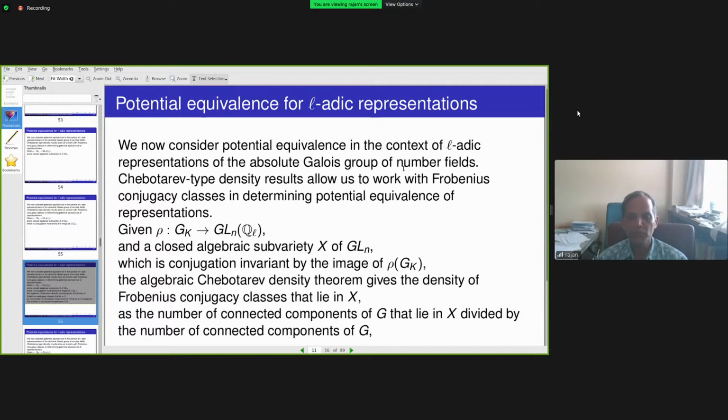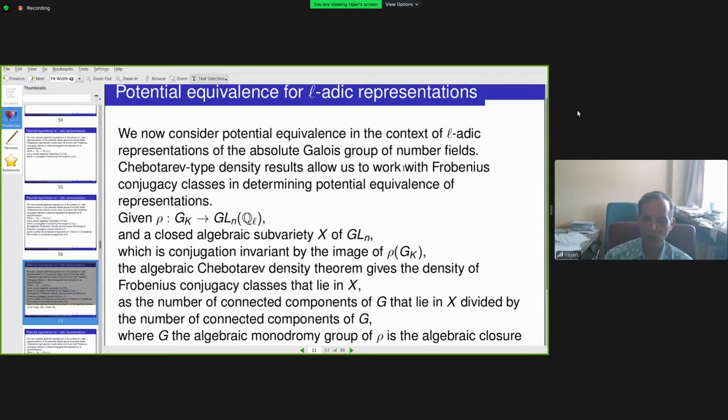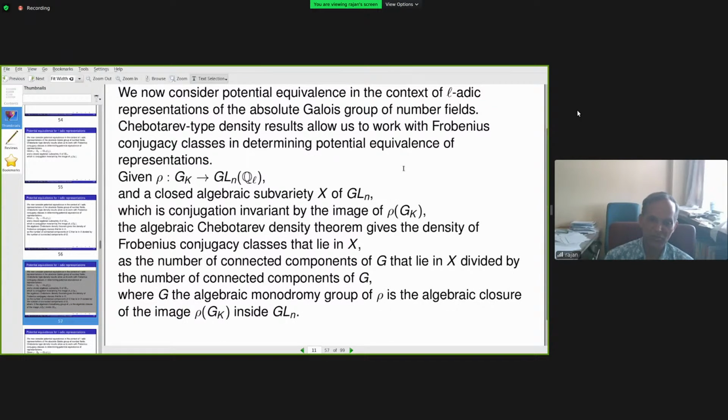It just counts the number of connected components of G that lie in X divided by the total number of connected components of G. But what is G here? It is the Zariski closure, the algebraic closure of the image of rho of G_K inside GL, called the algebraic monodromy group of rho.